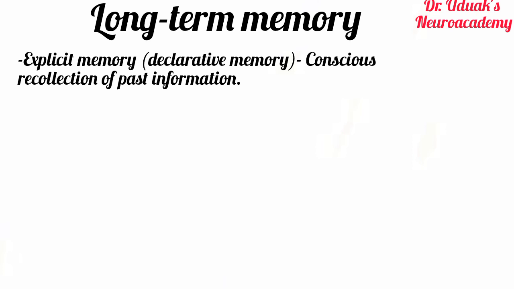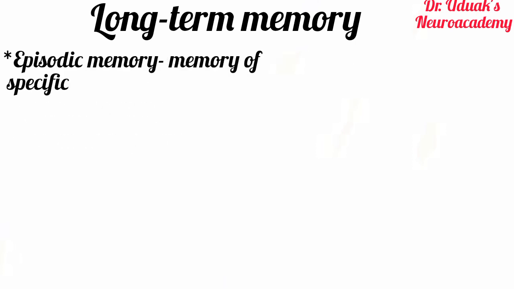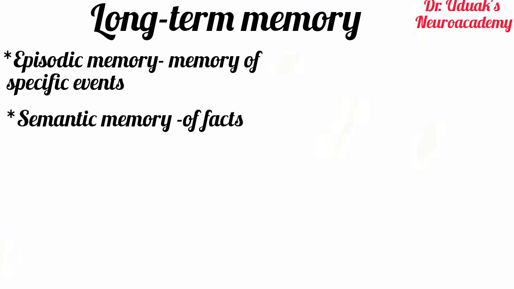It can be further divided into two. We have the episodic memory and the semantic memory. The episodic memory is known as memory of specific events. The semantic memory is known as memory about the world or memory about facts.